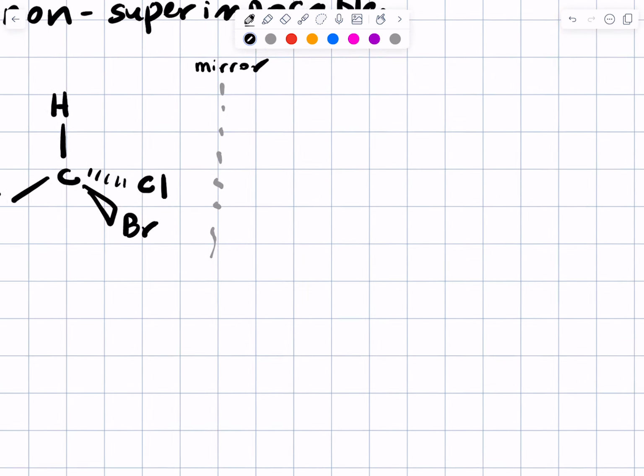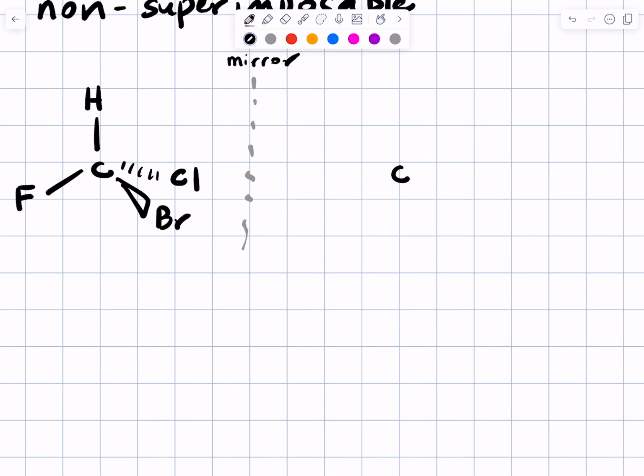And then you need to get good at drawing the reflection of what we've just drawn. So here's the CH bond, and the CF bond should be going this way. The CBr bond should still be coming out at us, but angled to the left instead of to the right. And the CCl bond should be angled away from us into the page, but towards the left rather than to the right. You see how we've drawn a mirror image?